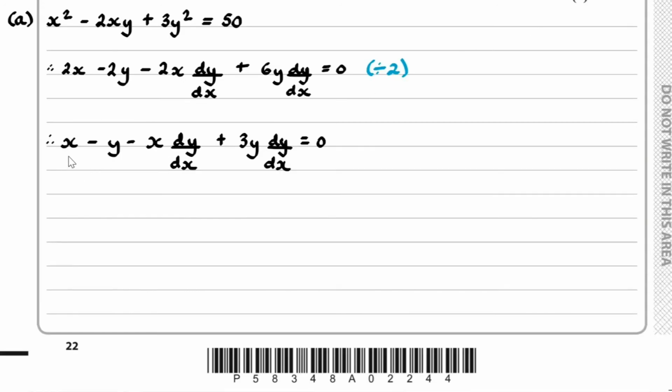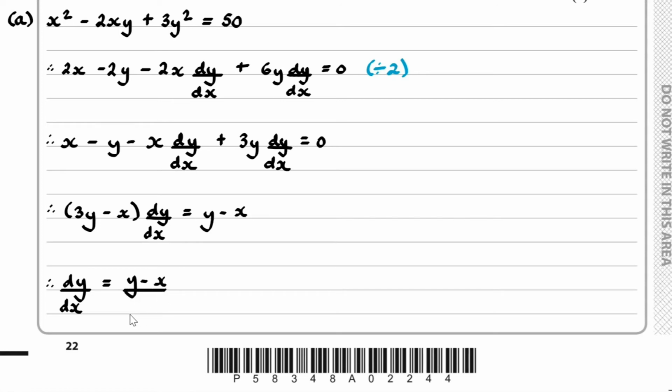And so if we take the x minus y to the right hand side and then factorize out a dy over dx on the left hand side, we will be left with 3y subtract x multiplied by dy over dx, and that's equal to y minus x, and if I divide through by 3y minus x, we can therefore conclude that dy over dx is equal to y minus x over 3y minus x.